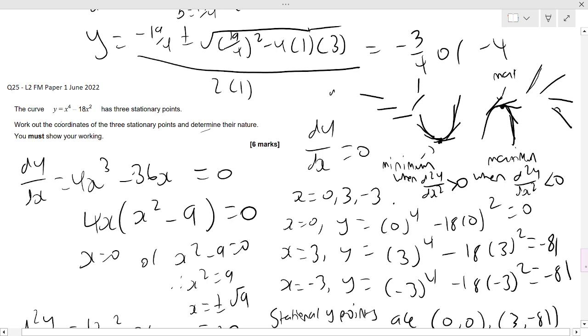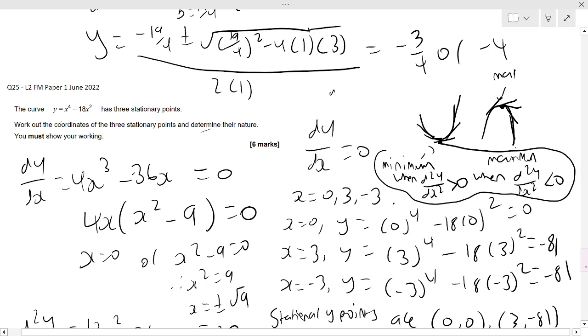So the minimum is a positive. But that might be a bit abstract for GCSE. You just need to memorize these two conditions, I believe, about minimum and maximum turning points. Let me get rid of this now. A minimum would be here, and obviously a maximum would be like this.